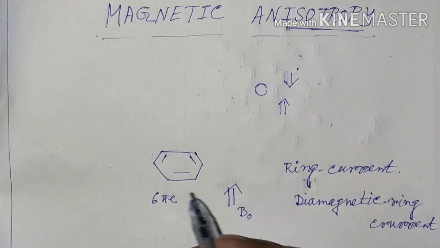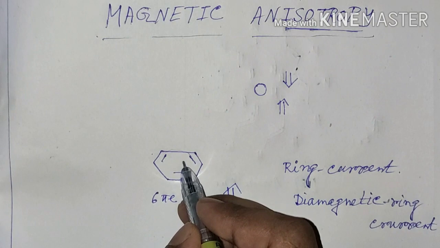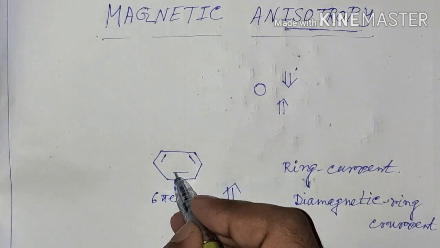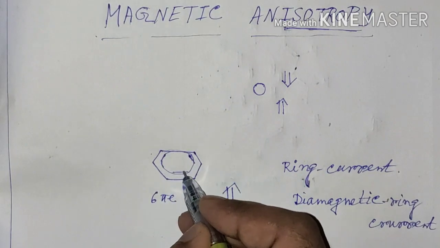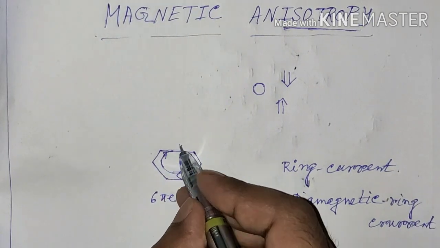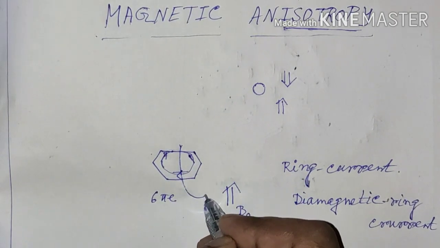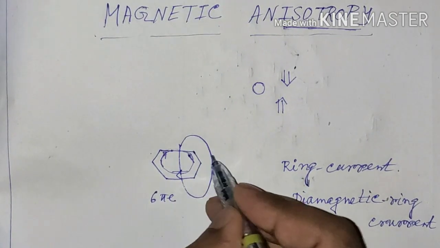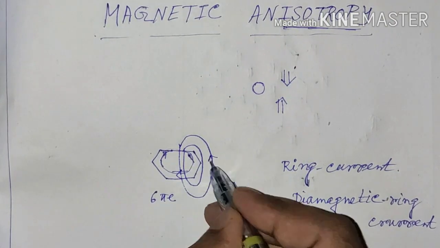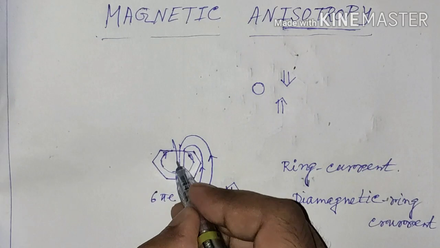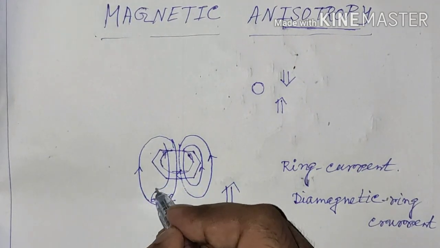And due to this ring current, a magnetic field will be induced within this molecule. Since the orientation of the ring current is along this, the direction of the induced magnetic field will follow Ampere's rule and will be in this direction. Similarly, here the direction will be like this.